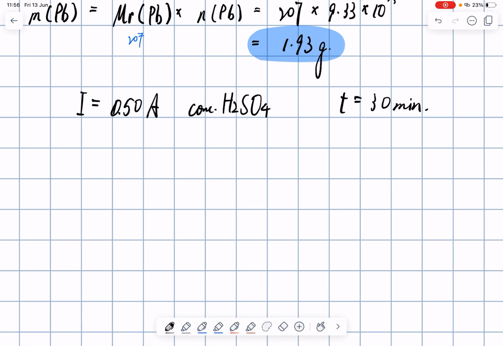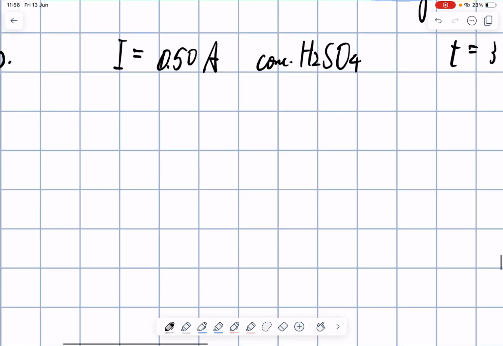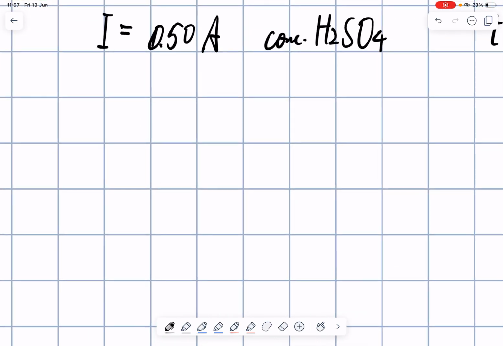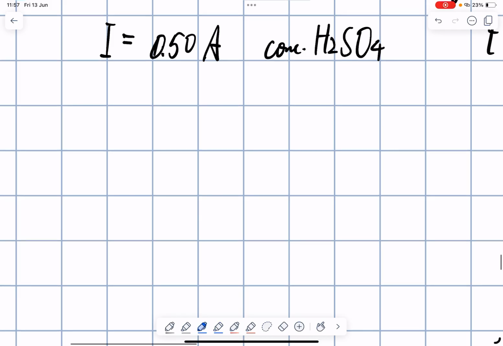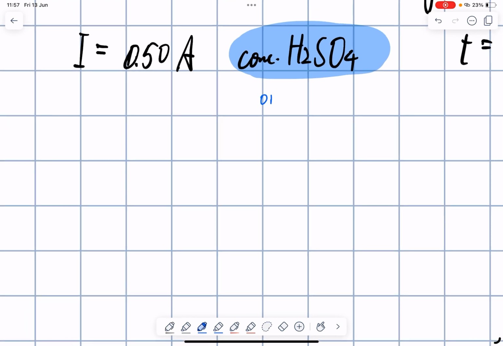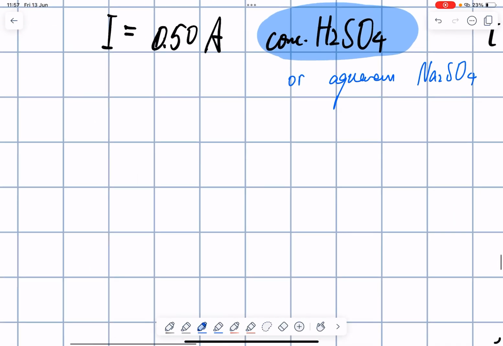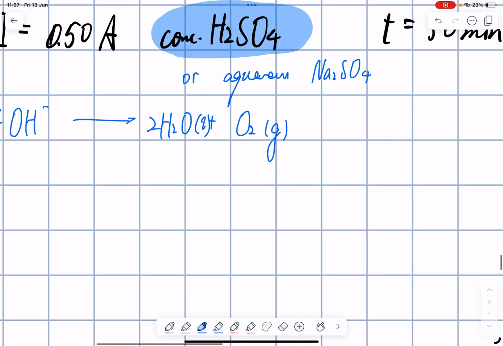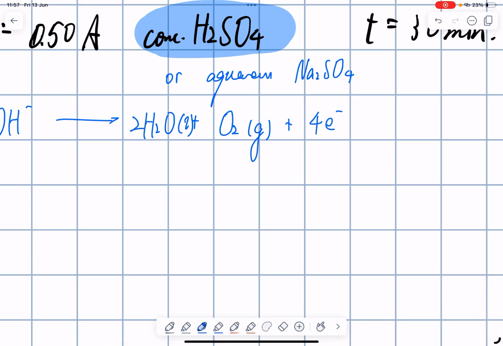First, we need to figure out the formula of this reduction or oxidation reaction. If you see concentrated sulfuric acid or aqueous sodium sulfate, you all know that the equation should be 4 hydroxide produces 2H2O plus O2 and 4 electrons.